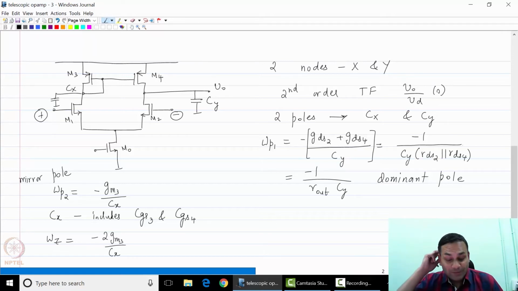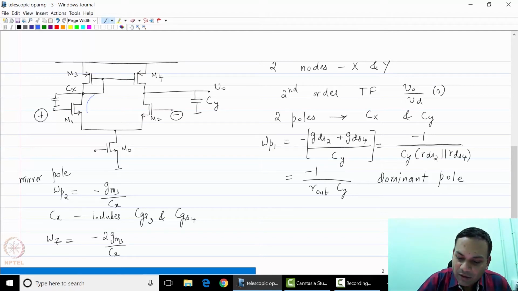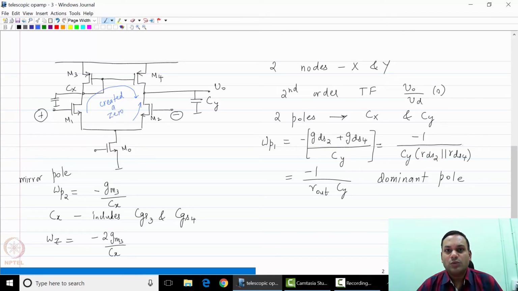This particular 0 arose because the signal took two paths, one through M1, M3, M4 and the other through M2 alone. This created a 0 because you had two paths, each with different frequency dependent phase shifts, which added up at the output to create destructive interference at a particular frequency.